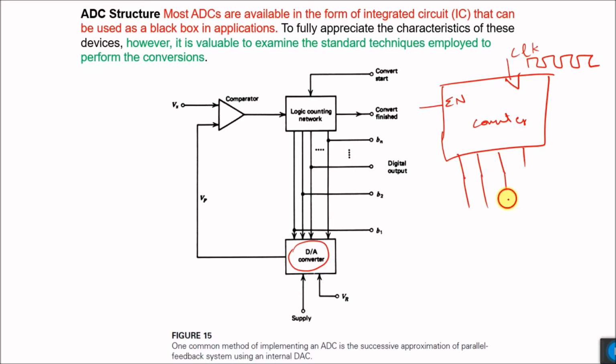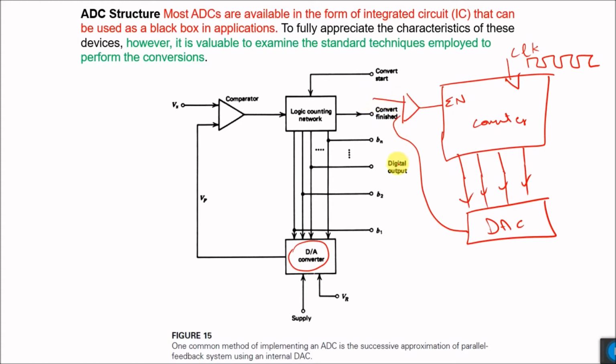These are digital data, and they are going to the inputs of the DAC. So this is a 4-bit DAC and this is a 4-bit counter, and this enable is coming from the output of that comparator, and the reference input of that comparator is connected with the DAC, while the other input is connected with the VX, that is the analog input.